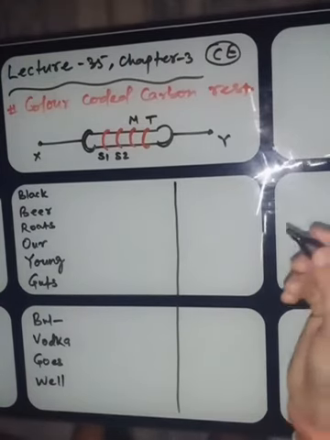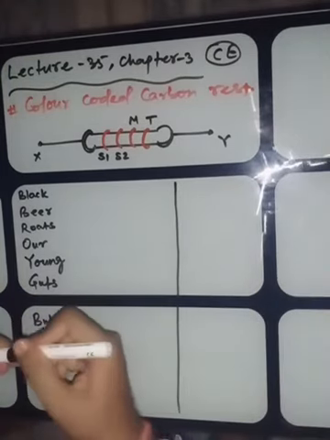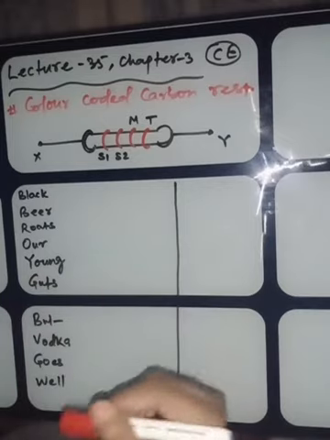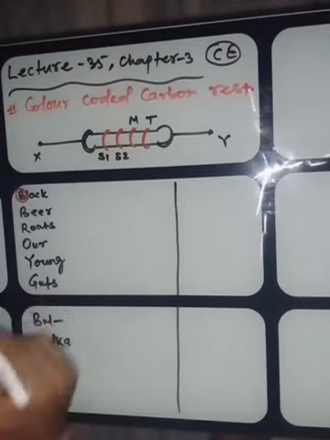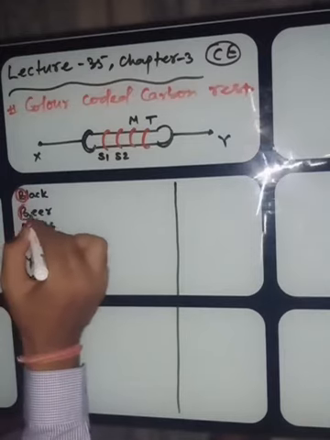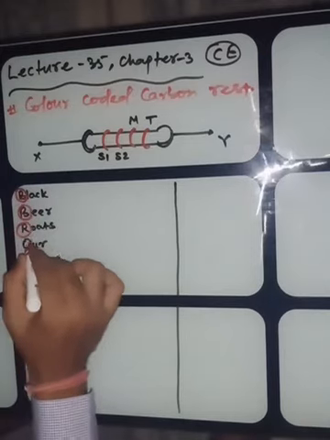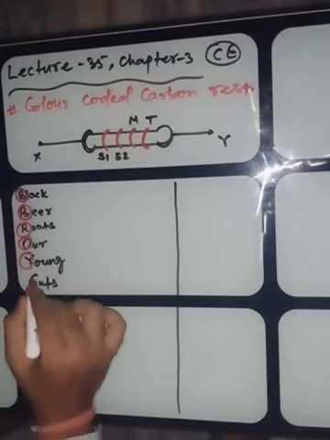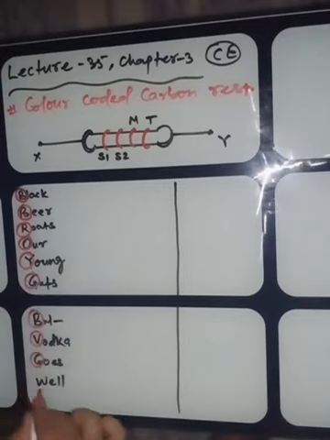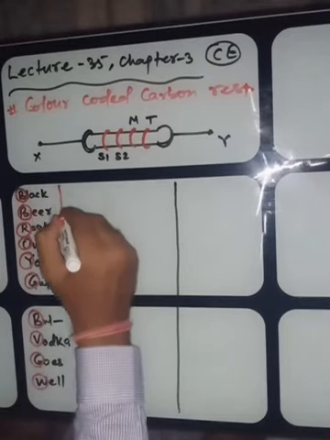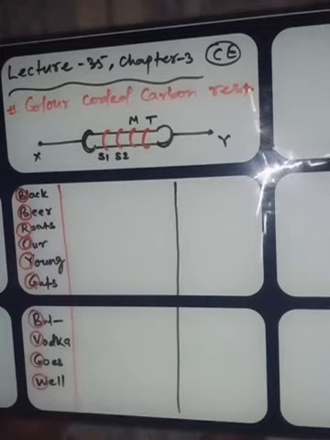You can remember the value: the first letter only in the slogan matters. That is the B. Thus B, R, O, Y, G, B, V, G, and W. Okay, my dear student. Now I'm writing the color using this slogan.